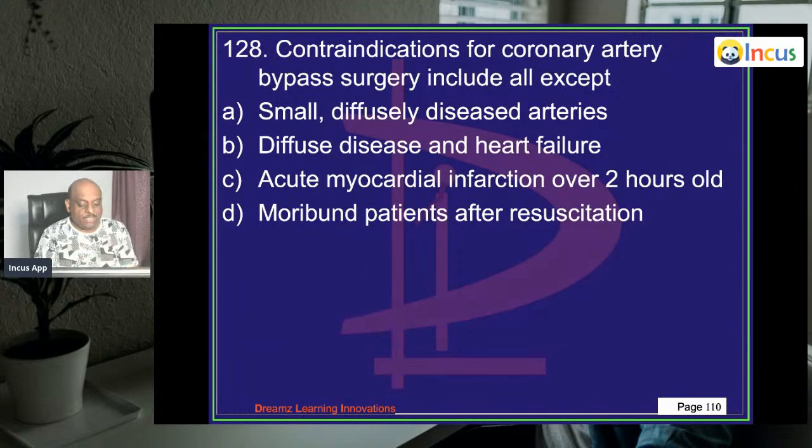Coronary artery bypass surgery. Some of you are going to be top cardiothoracic surgeons in a short period of time. So now, what are the contraindications for coronary artery bypass surgery?